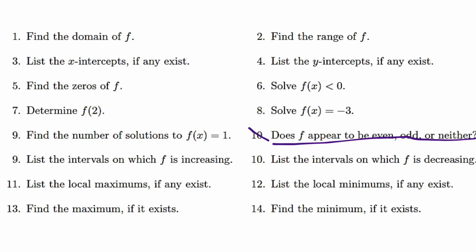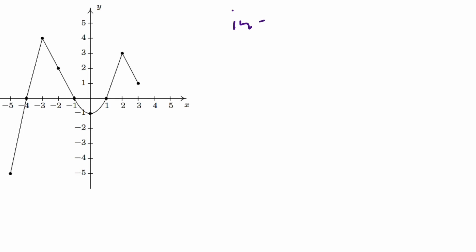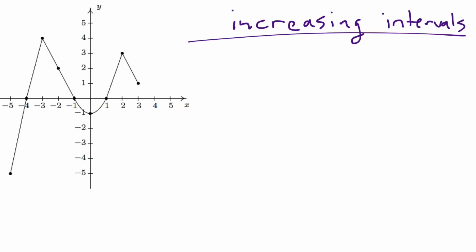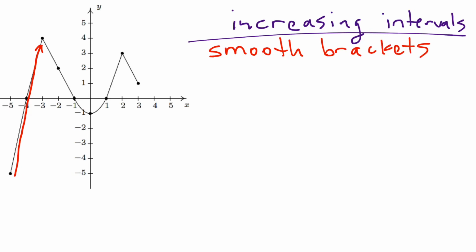Number 9 says list the intervals on which f is increasing. So once again, increasing is uphill. Okay, so let's write those out again. We're going uphill on this piece of it. When we're doing increasing and decreasing intervals, we're always going to use our smooth brackets, because we're actually talking about what's going on between the endpoints of the interval.